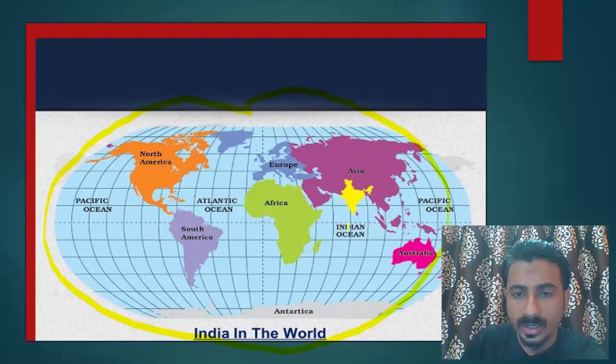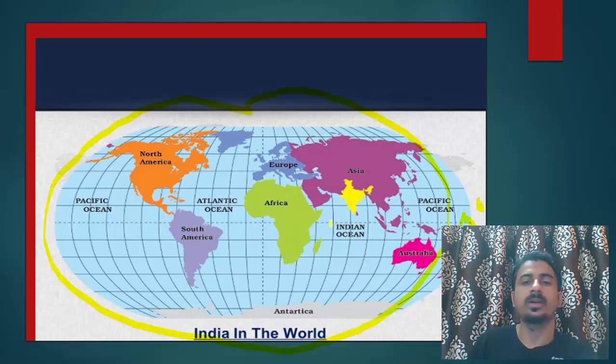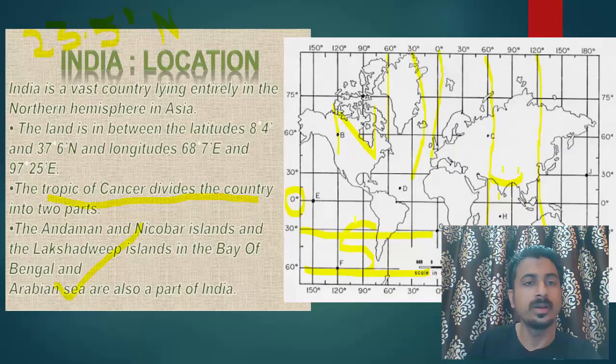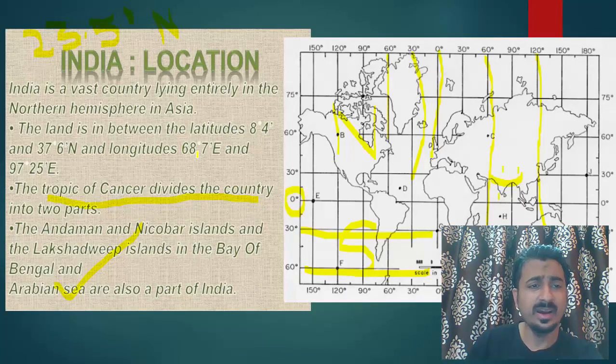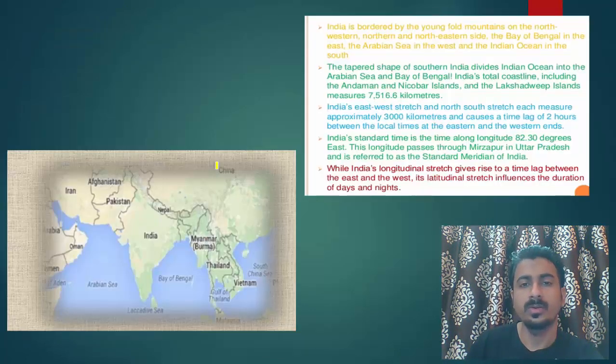So this dotted line is again equator, 0 degree. So India is north of equator, and I told you the latitudinal and longitudinal expanse of India. You remember this: 8.5 degree north to 37.5 and 68.5 to 97.5. Okay, now let's move on.